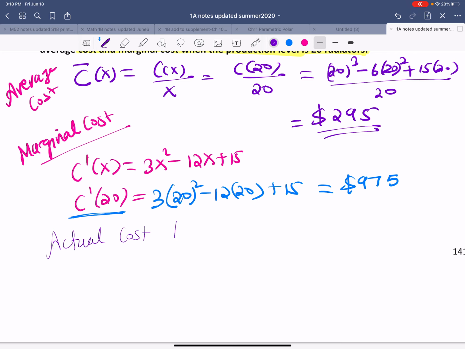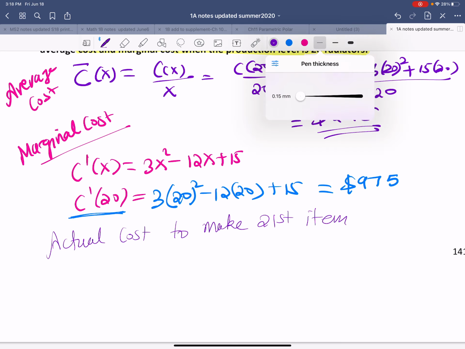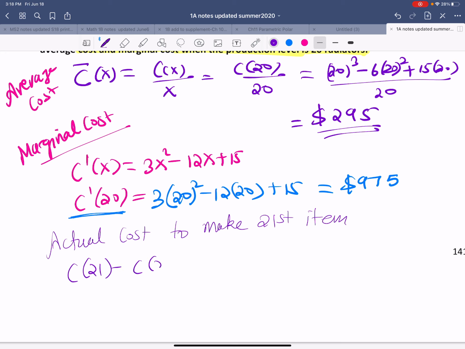The actual cost to make the 21st item is going to be C of 21 minus C of 20. So if we subtract the cost to make 21 items minus the cost to make 20 items, then it's going to give me the difference. That's going to be the cost to make the 21st item.